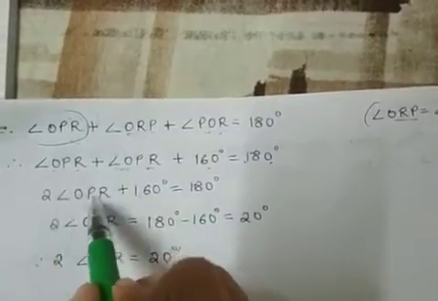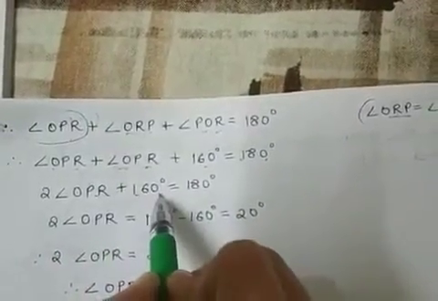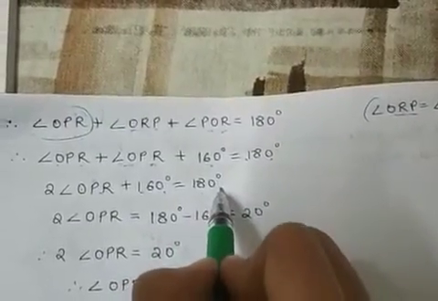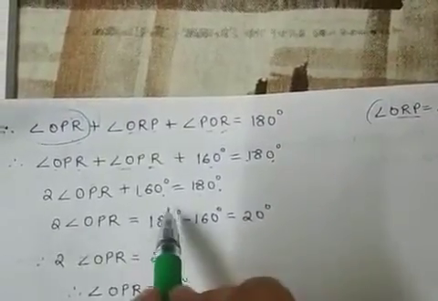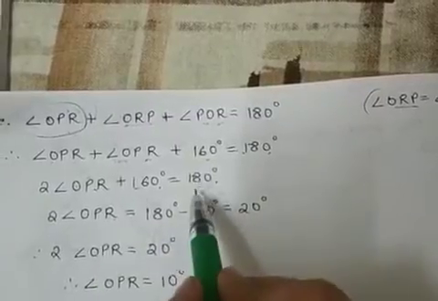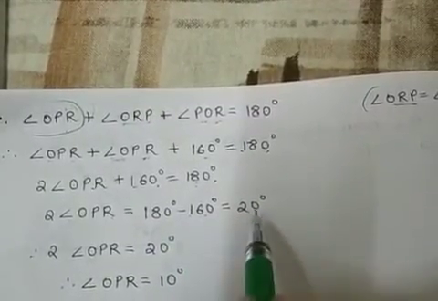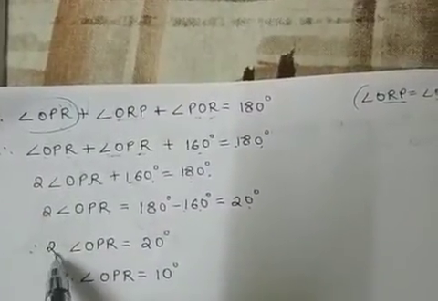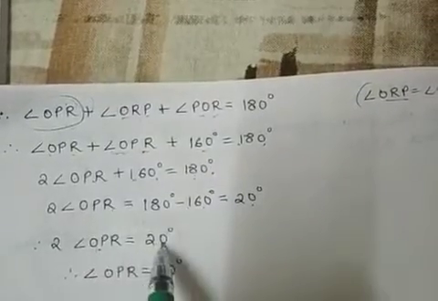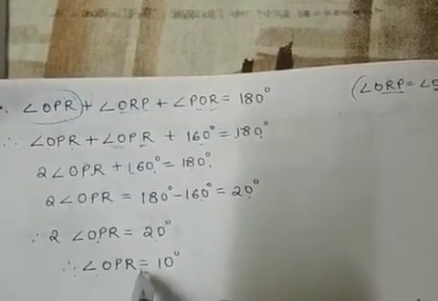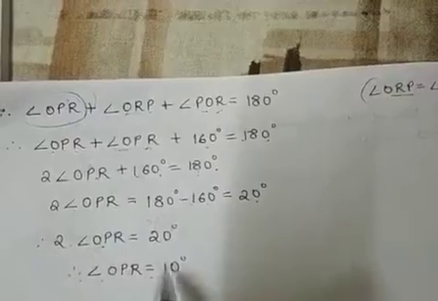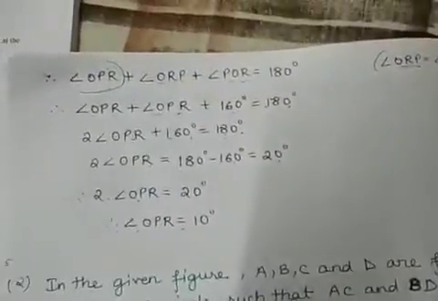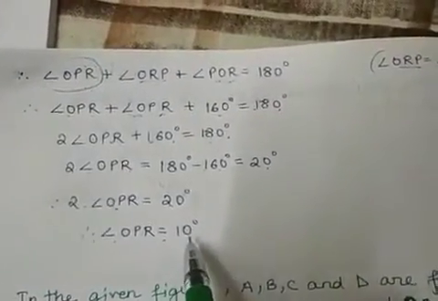This is 2 times angle OPR plus 160 degrees is equal to 180 degrees. So 2 angle OPR is 180 minus 160, which is 20 degrees. So 2 times angle OPR is 20 degrees. Therefore angle OPR will be 20 upon 2, which is 10 degrees. So we have found angle OPR.